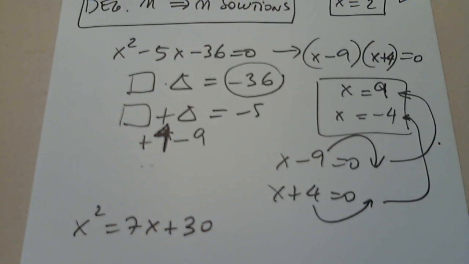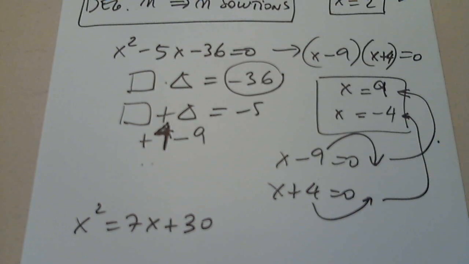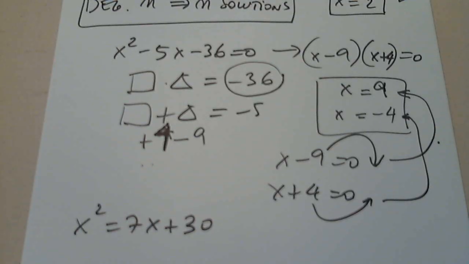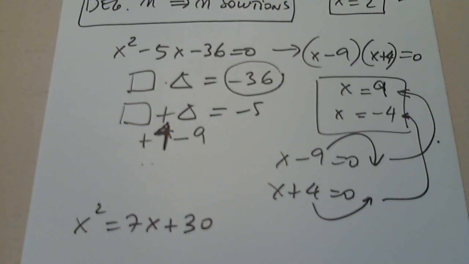What is the first step for sure that we need to perform, without which we cannot continue? Reordering? Yes, meaning have 0 on one side. That's a mandatory step. We cannot use the zero product principle if we don't have 0 on one side.